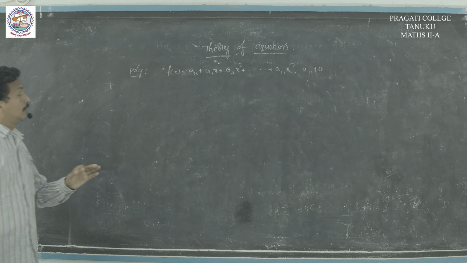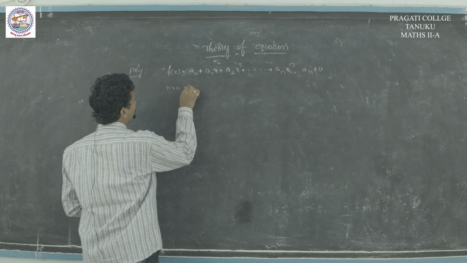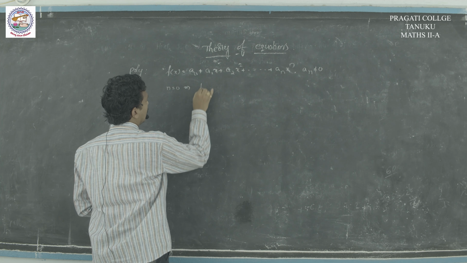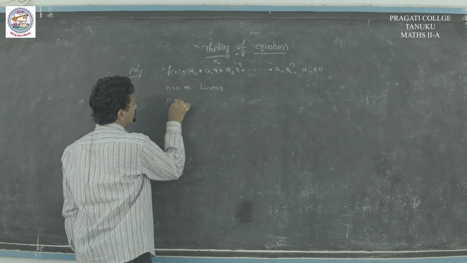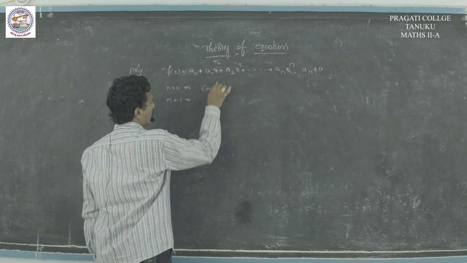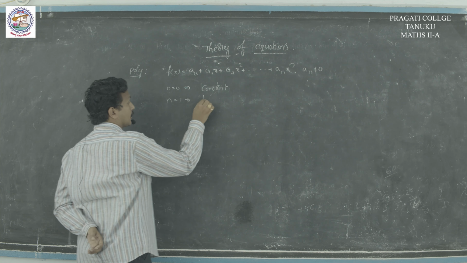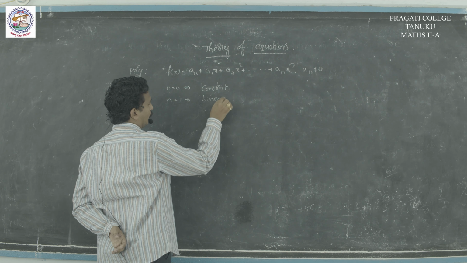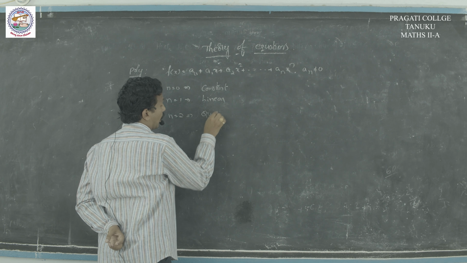In case n is equal to 0, it is a constant polynomial. N is equal to 1, then it is linear. N is equal to 2, then it is quadratic.